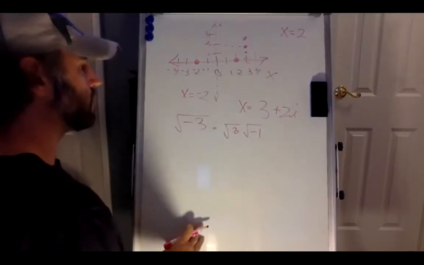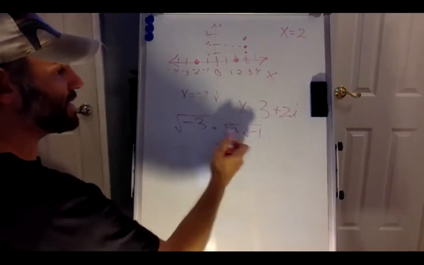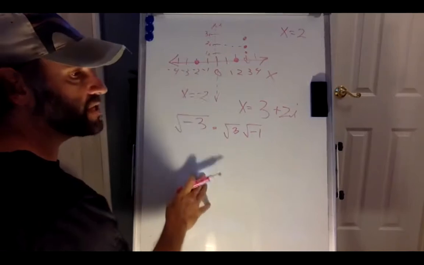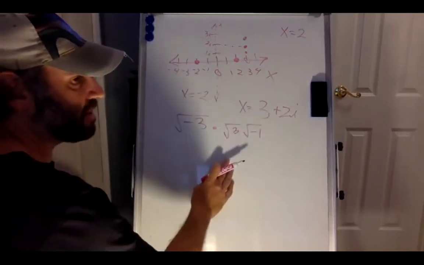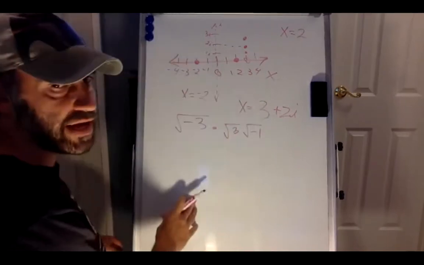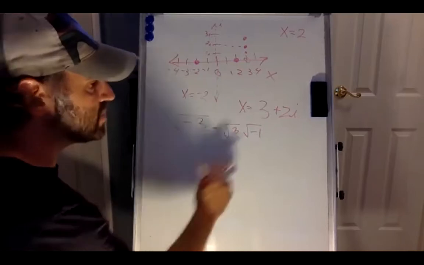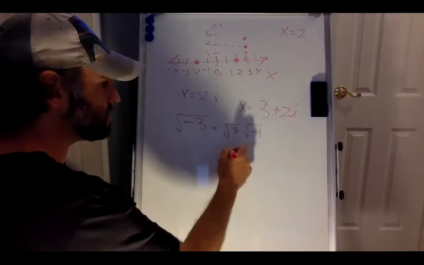No, but like with i. Yeah, I am. But watch. First, rewrite it like this. Square root of 3 is fine. This, you pull out the part that's not fine, the -1. Any negative number, you can pull out the -1. And that we defined as i.